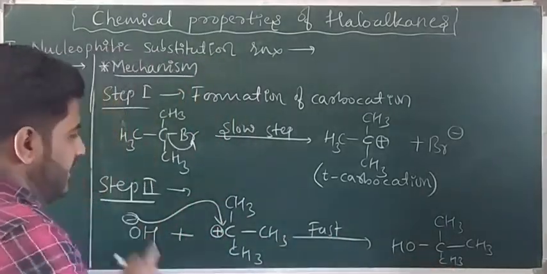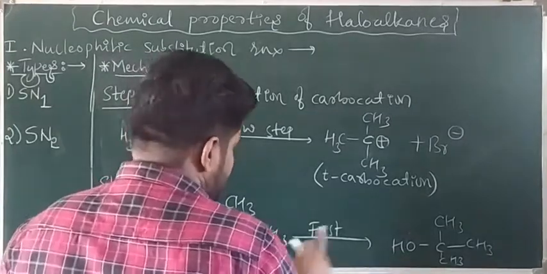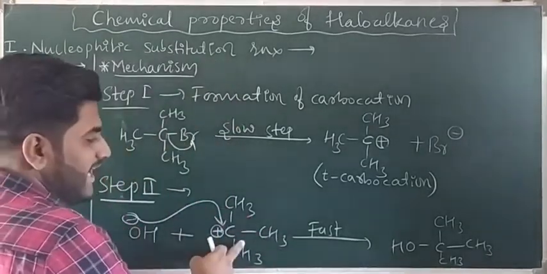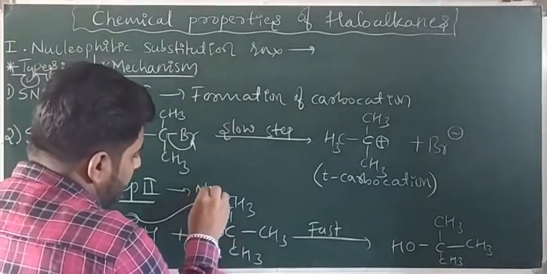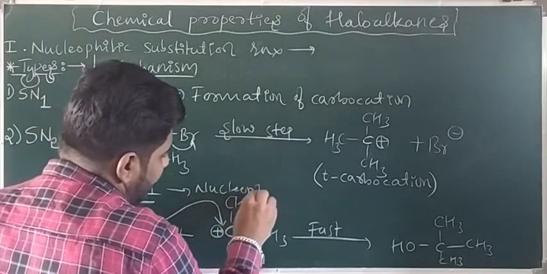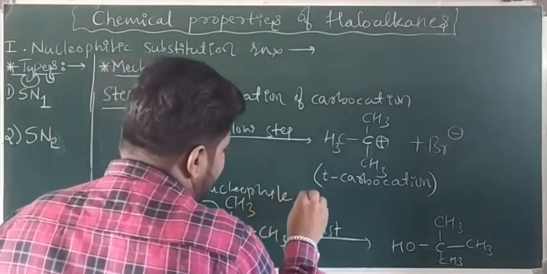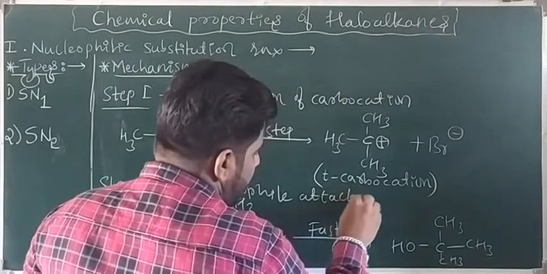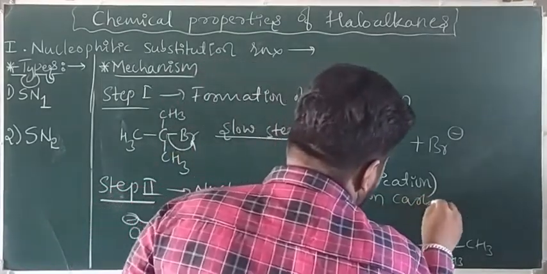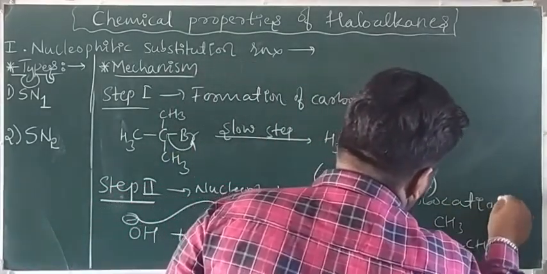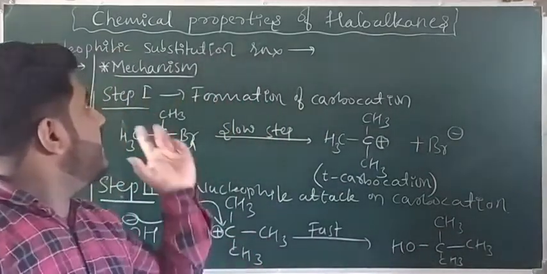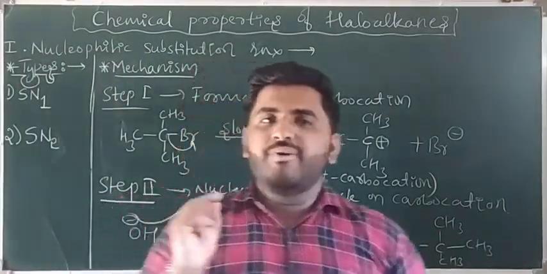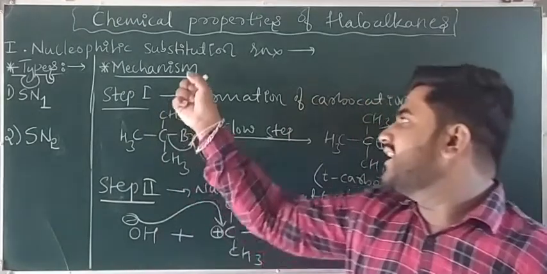And the second step: in the second step, what happens? The nucleophile attacks the carbocation. Therefore the name nucleophile attack on carbocation. So in SN1 reaction, nucleophilic substitution unimolecular, there are two steps.